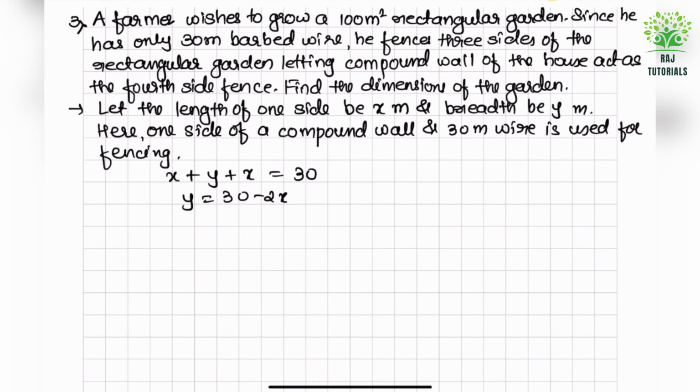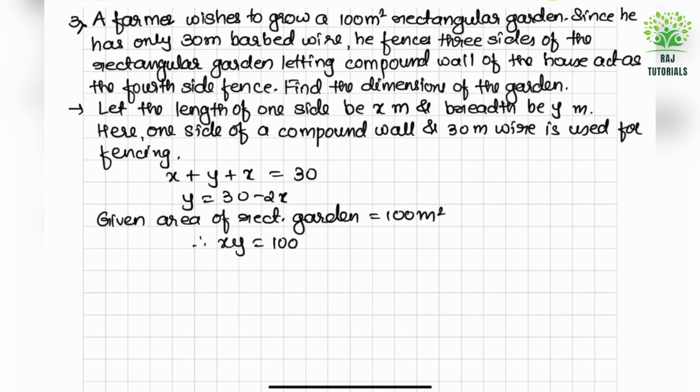Now, given area of rectangular garden equal to 100 meter square. So therefore xy equal to 100.